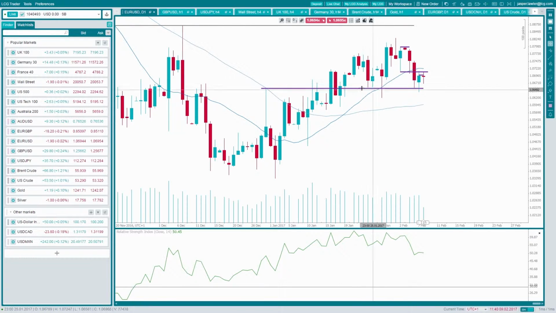We've come down to it as support before. We've got a false breakout here, and we've come back down to it as support again. So resistance turning into support. We've had this daily rebound as of yesterday, and we're looking to see if we can get a push higher in the short term again to give us some extra indication that this pullback in the short term is reversing to the upside.